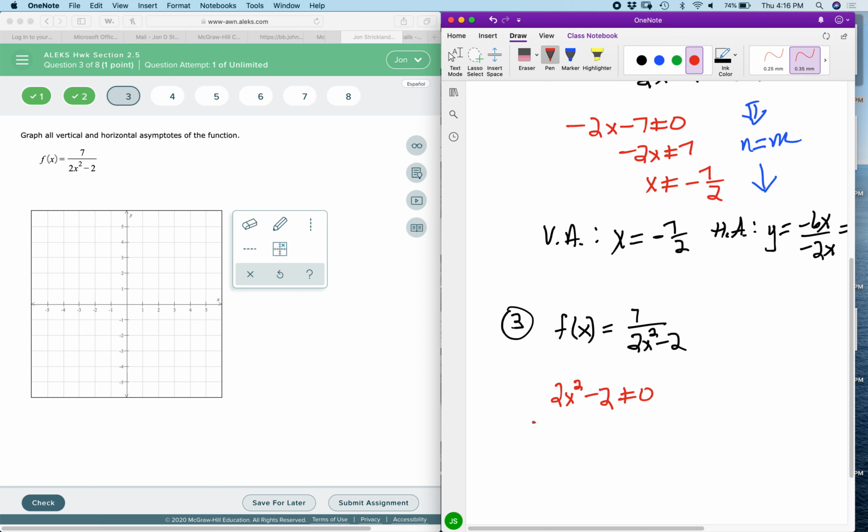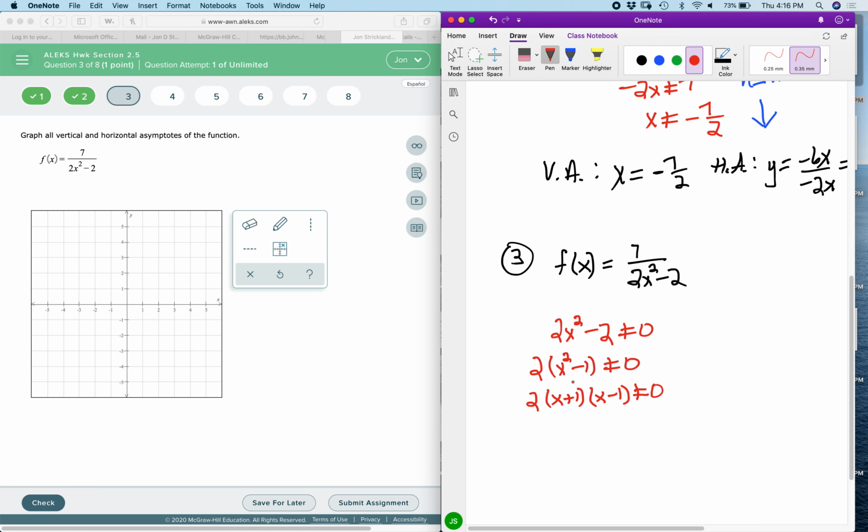If I factor, 2 times the quantity x squared minus 1 cannot be 0. Here we have the difference of squares. Looking at the x factors, x plus 1 cannot be 0, and x minus 1 cannot be 0.